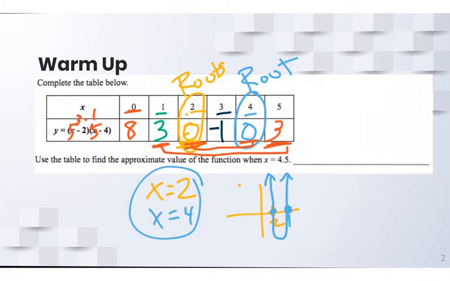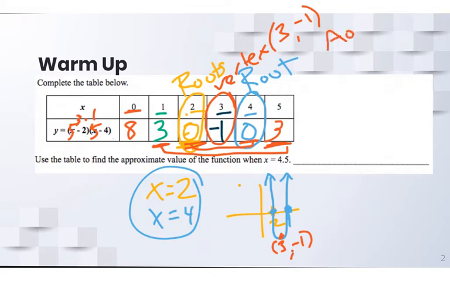And that would mean that this right here would be the vertex. So the vertex is at 3, negative 1, that would be here. And my axis of symmetry would be x equals 3, whatever that x value is there.